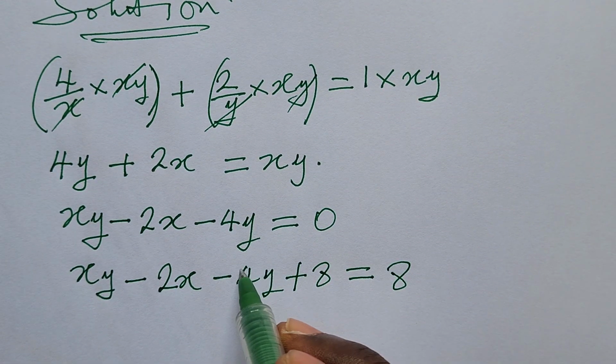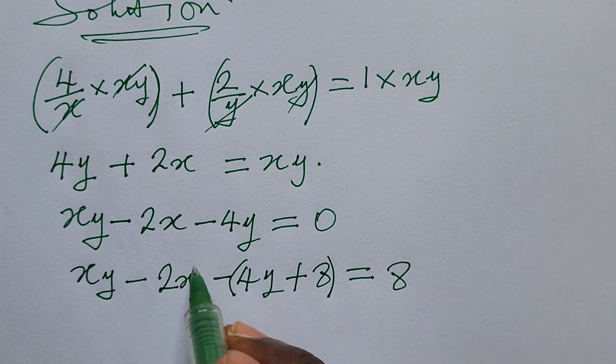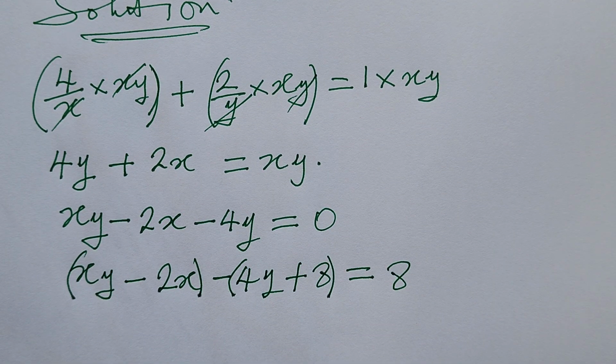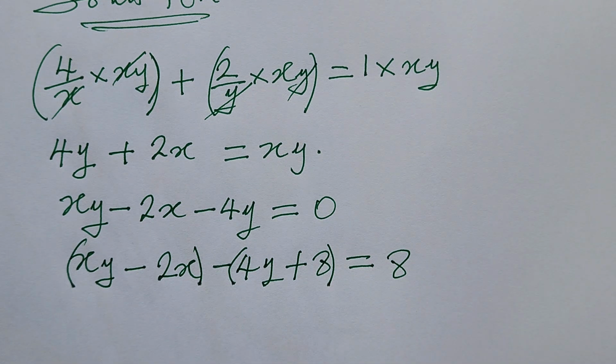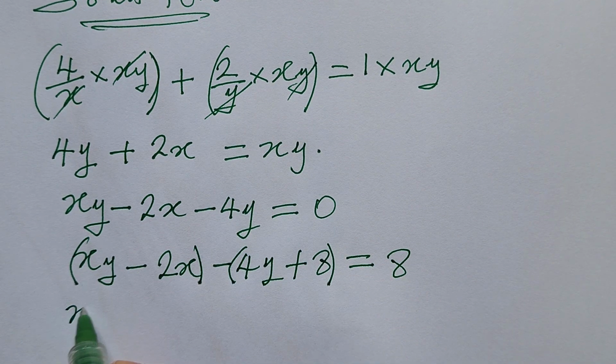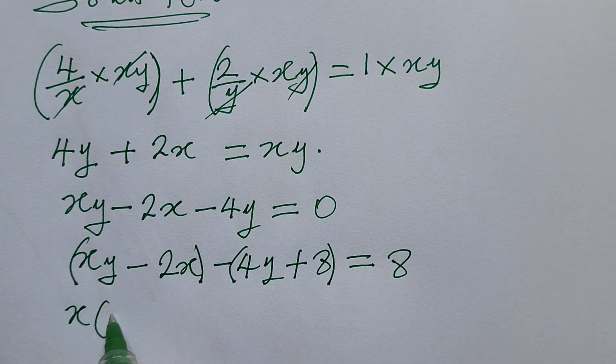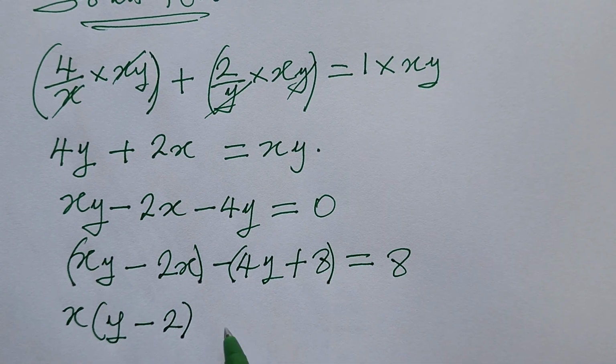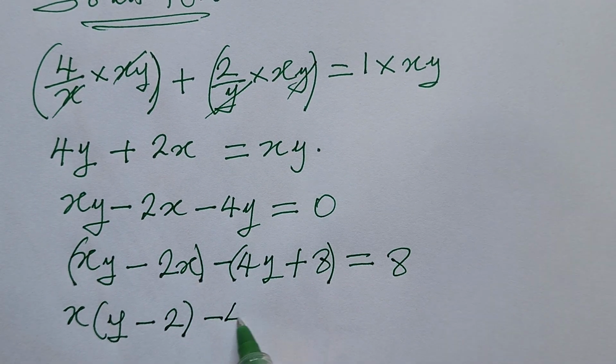Okay, so we can now put this in brackets, put this in brackets, so we can factor out terms that are common in each of the brackets. Here x is common. It gives us x into y minus 2 in brackets, and minus 4 is common here.